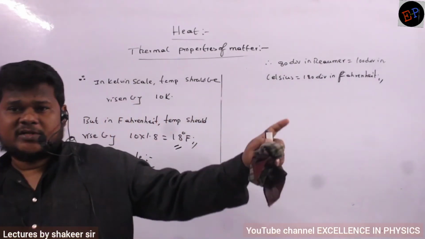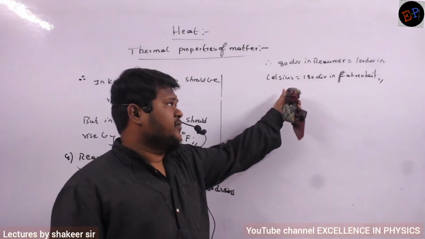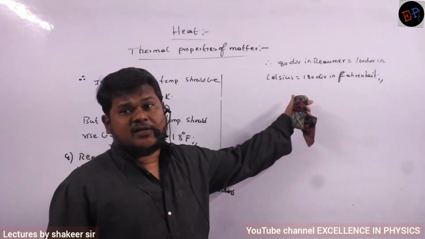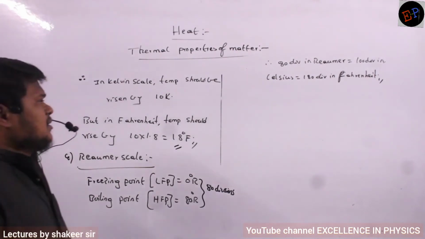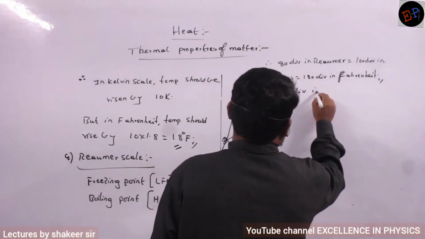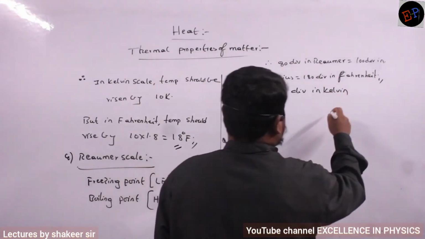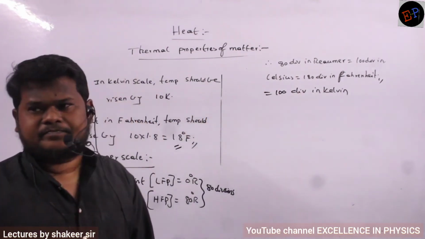So this information you should always remember, because in conversion of scales, if he gives a question on change in temperature in different scales, then by using this you can calculate. And it is equal to 100 divisions in Kelvin also, because the magnitude of a division in Celsius and Kelvin is the same.